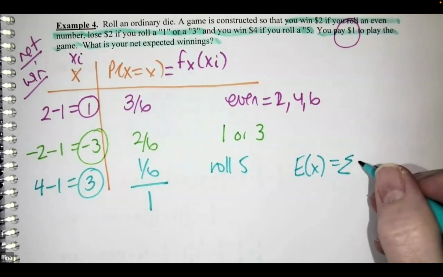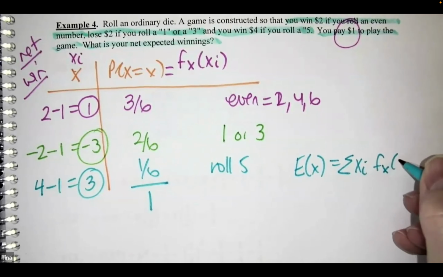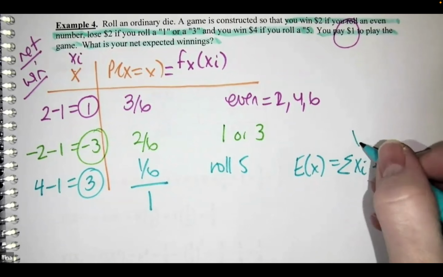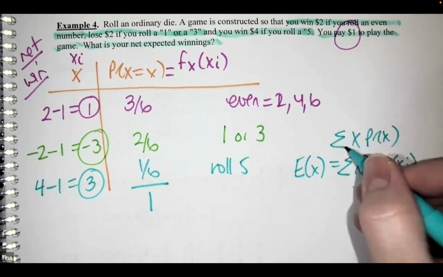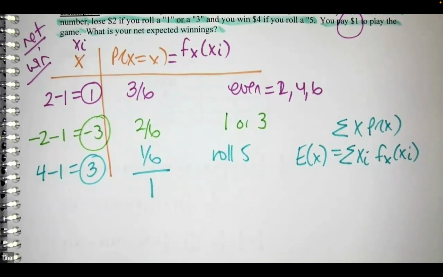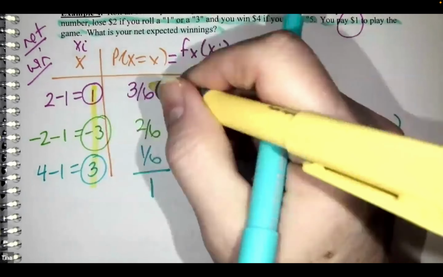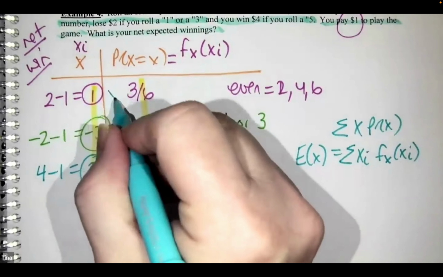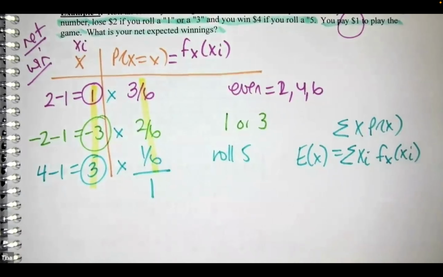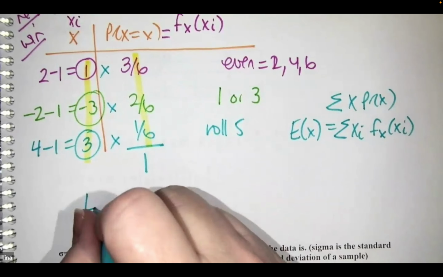Well, sum of xi times f of xi, or x times probabilities. So basically just take your chart and multiply this times this, this times this, this times this, and add them up.